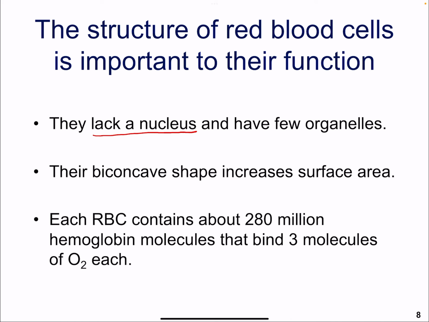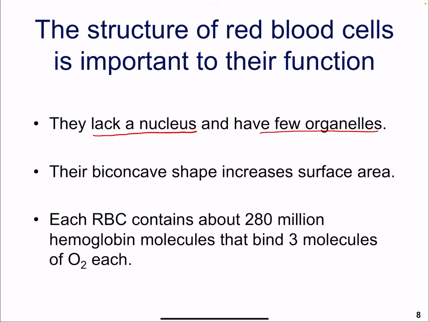And also, in addition to lacking a nucleus, they also have only few organelles. And again, this whole structural organization is not compatible with reproduction, right? So that's one very important piece of information to remember about red blood cells.